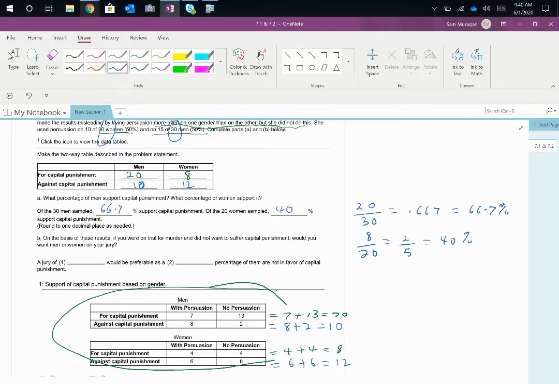Now, on the basis of these results, if you were on trial for murder and did not want to suffer capital punishment, would you want men or women on your jury?